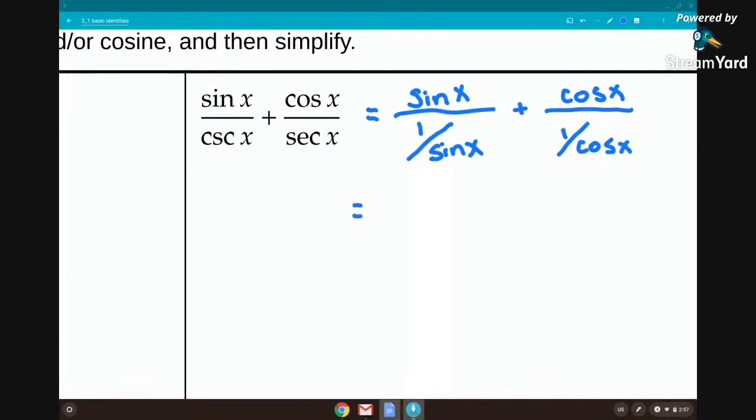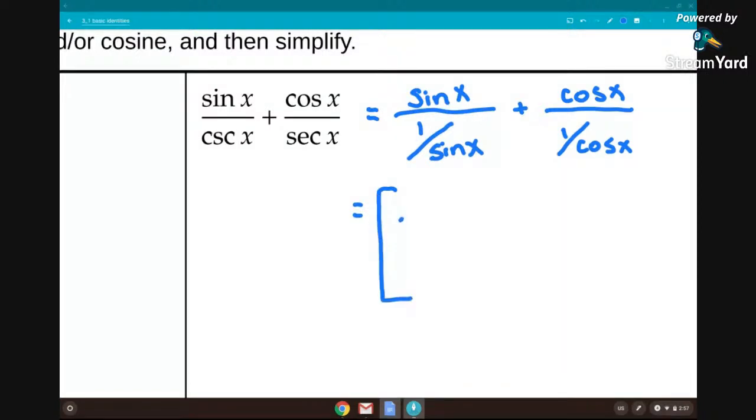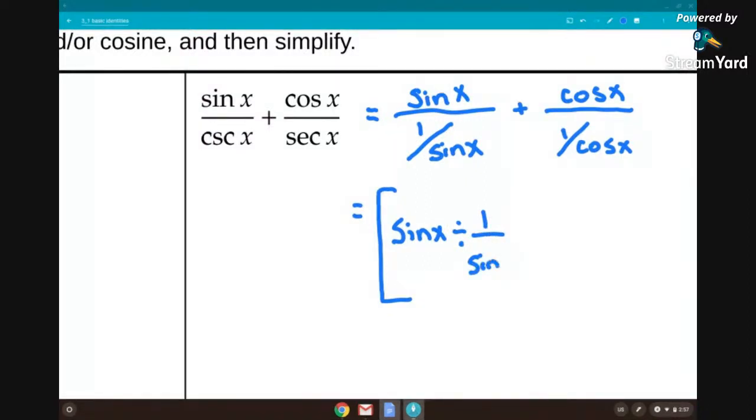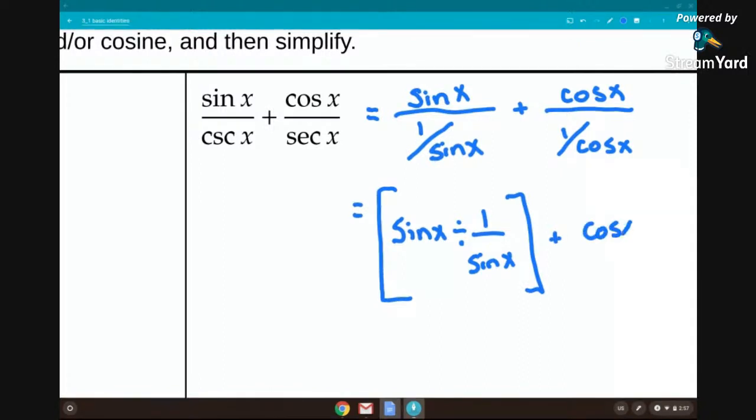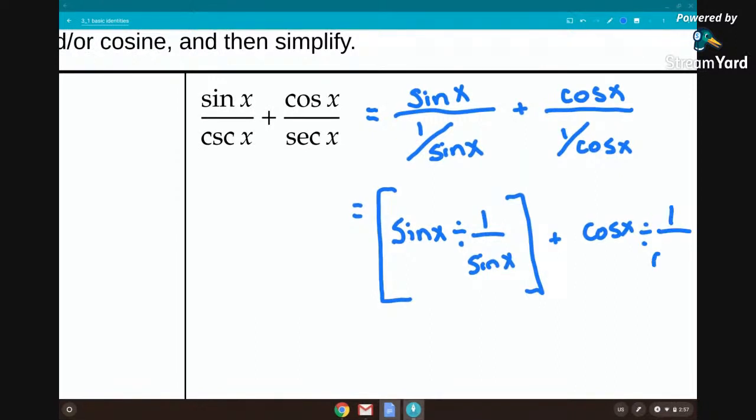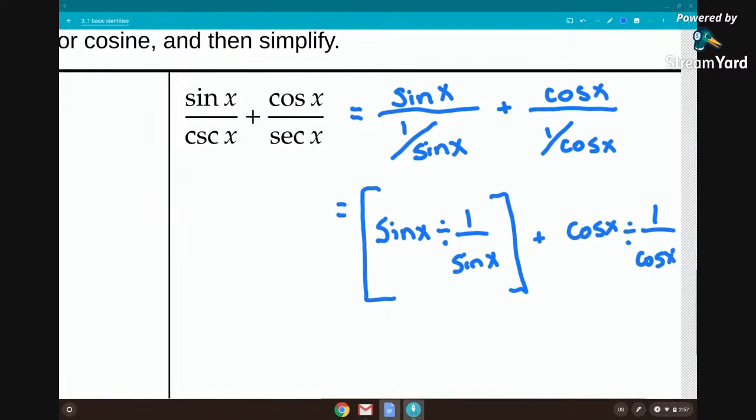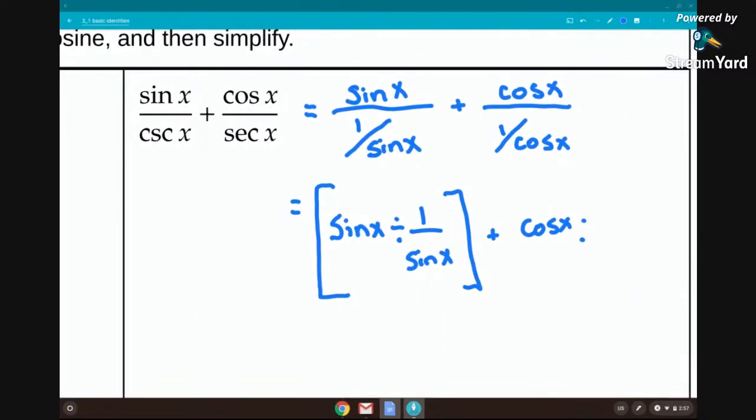So I'm kind of curious what's going on here. I'm going to look at this first fraction. I'm just going to work this and say this is sine x divided by 1 over sine x. Over here we have cosine x divided by 1 over cosine x. Let me clean that up a little bit.